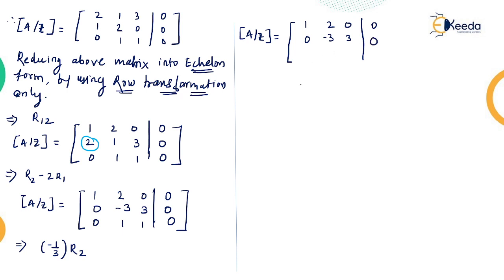But there is a change in R2, guys, because we perform the operation on row R2.